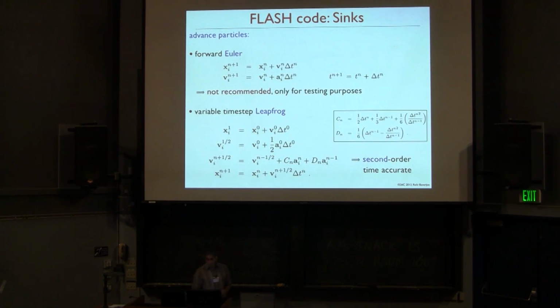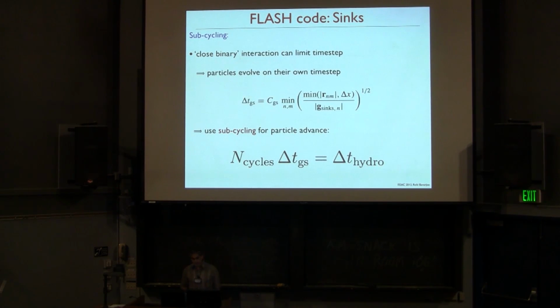Nevertheless, you can ask yourself, what should this time step be? And of course, if particles approach each other, if they come very close, you have to account also for the typical time step of sink-sink interaction, or even sink-grid cell interaction, if the acceleration gets too big. And this is done essentially by introducing a new time step. This is necessary, of course.